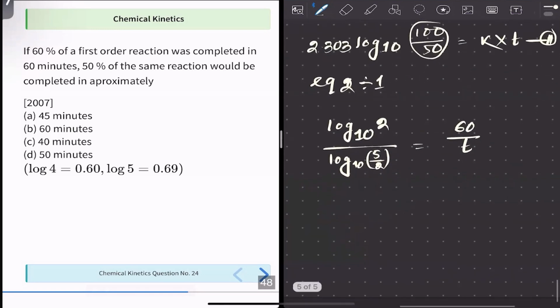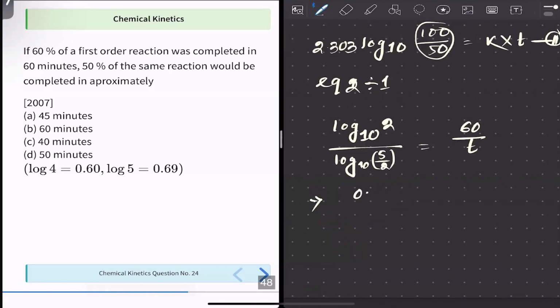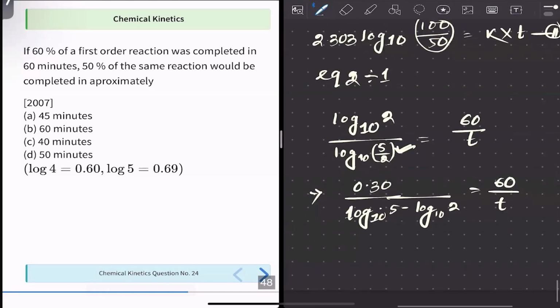Log 2 is 0.30. Log 10 5 by 2 means log 5 minus log 2, log 10 5 minus log 10 2, equals 60 by t.